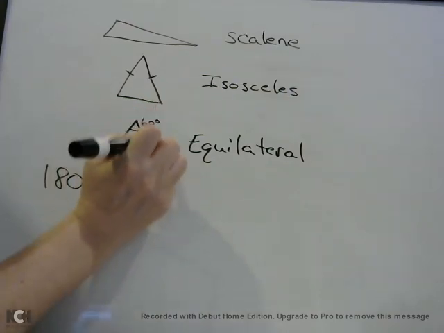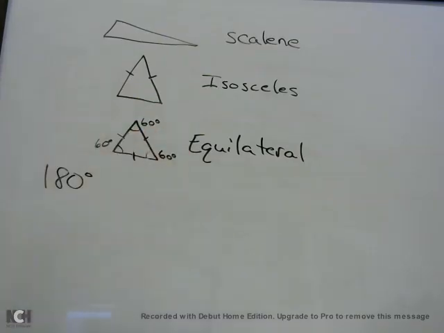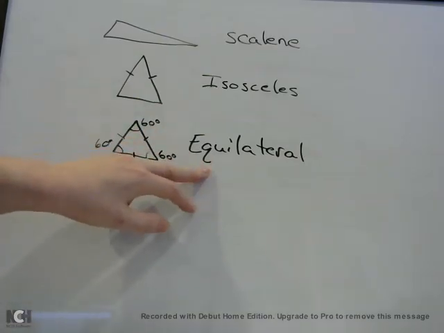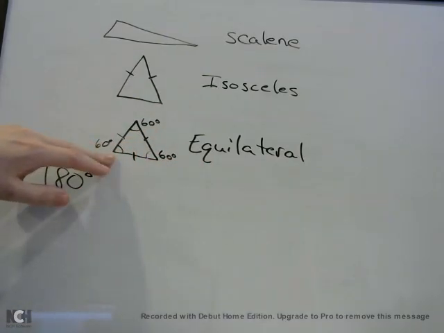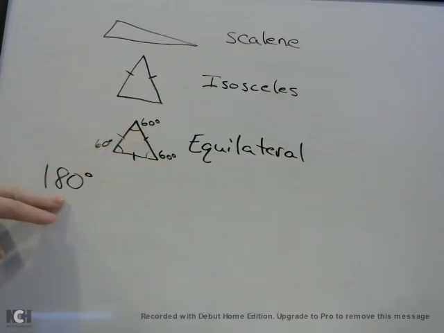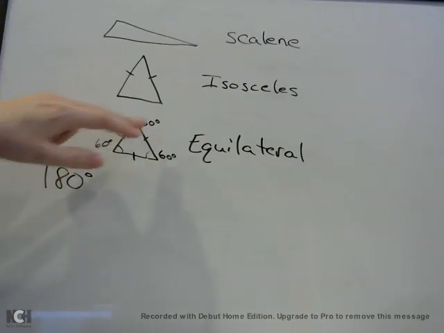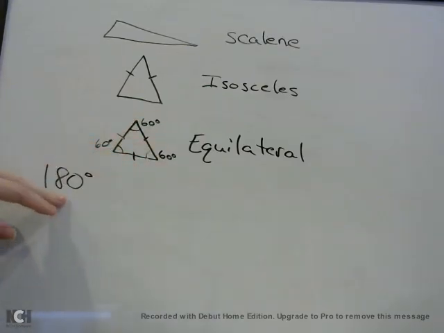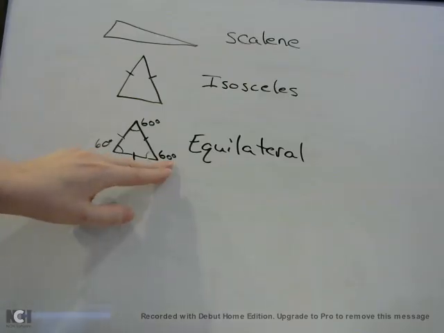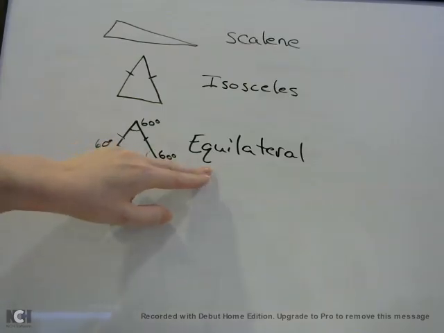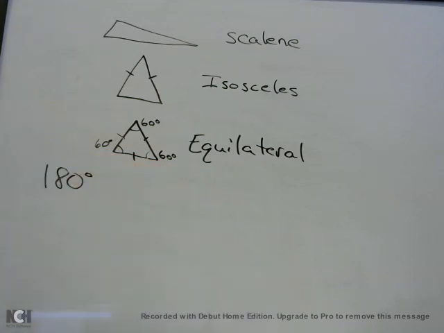Each one has to be 60 because they have to all be the same. That's by definition in an equilateral triangle. They're all going to be the same measurement, and they all have to add to 180. So 180 divided by 3 is 60. So 60 plus 60 plus 60 equals 180, and they're all the same. So that's good to remember. You can figure it out if you're ever asked on the test, but what is the measurement inside of every equilateral triangle? It's 60 degrees.